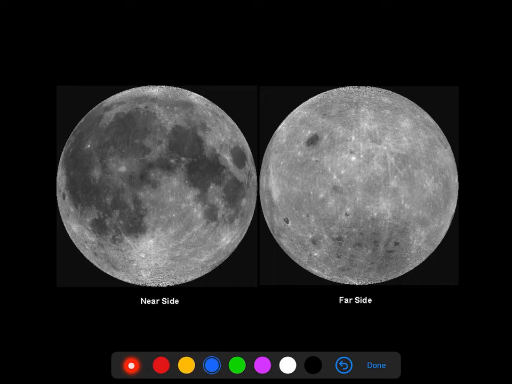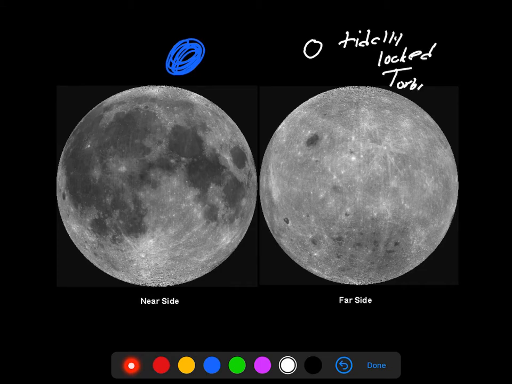Suppose you have the Earth here, and you have the moon here, and suppose the moon was already tidally locked. In other words, it already had T orbit equals T rotation, that was set. So what would happen then is this side of the moon becomes the close side to the Earth, and this side over here becomes the far side.